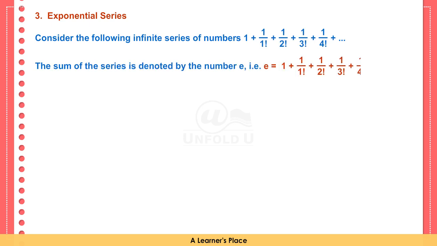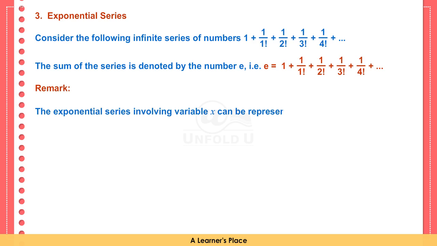That is, remark, the exponential series involving variable x can be represented as e raised to the power x is equal to 1 plus x upon 1 factorial plus x square upon 2 factorial plus x cube upon 3 factorial plus so on, x raised to the power n upon n factorial plus so on.